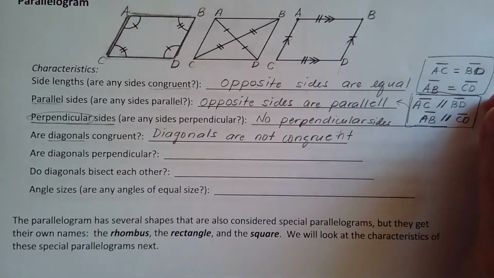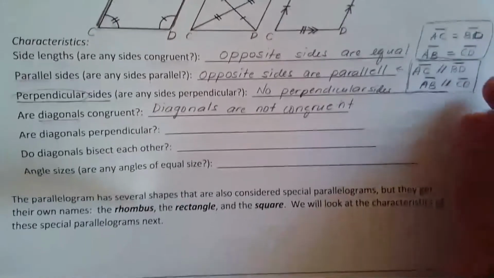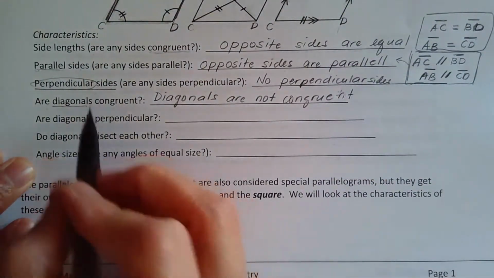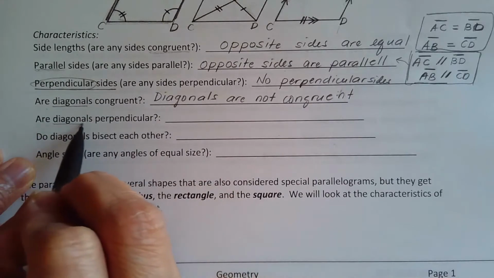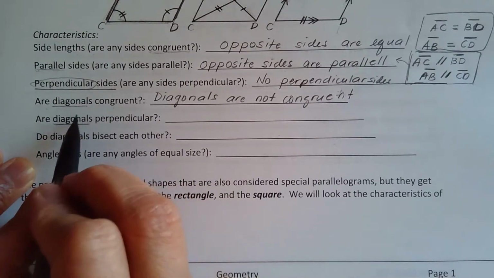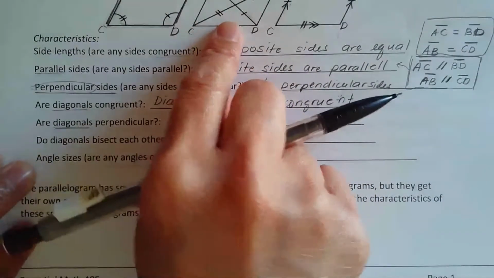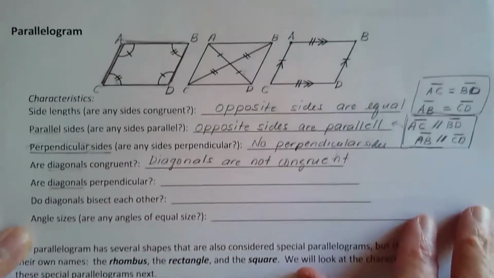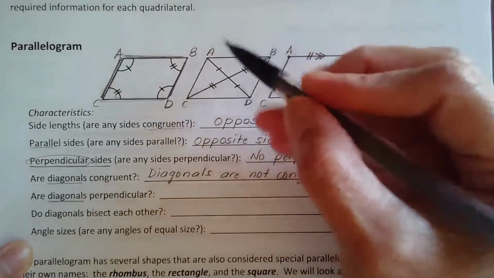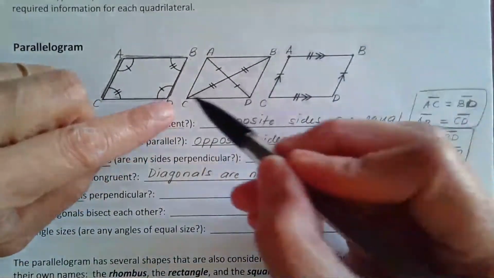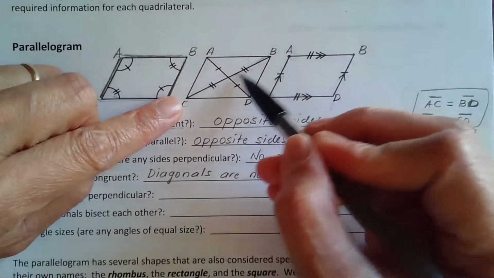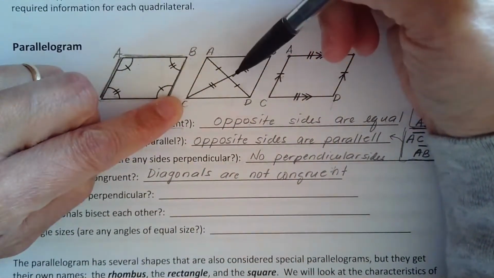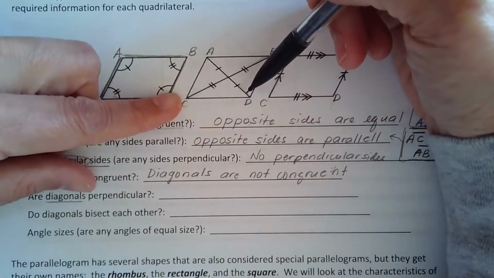Okay, so next one. What's the other information that we have? Diagonals are perpendicular. Okay, diagonals again. We're just going to keep looking at the diagonals. Are diagonals perpendicular? Okay, so the diagonals CB and AD, are they perpendicular?